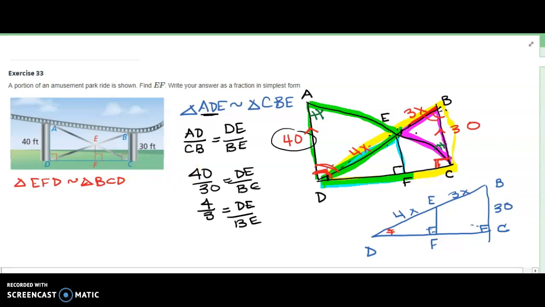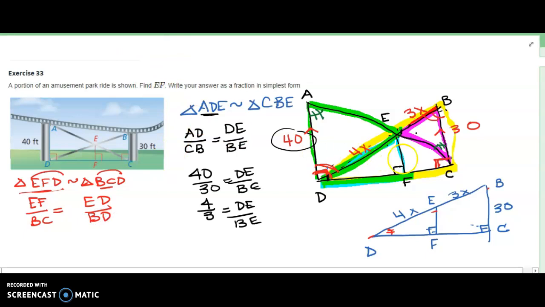Okay, and therefore I know that BC, or I'm going to keep it steady with this, so I'll do EF first. So EF is to BC as ED is to BD.